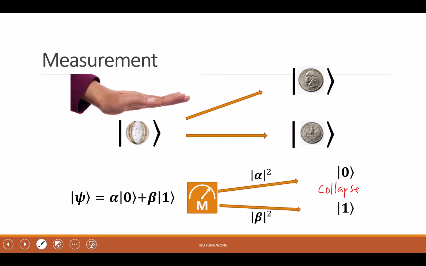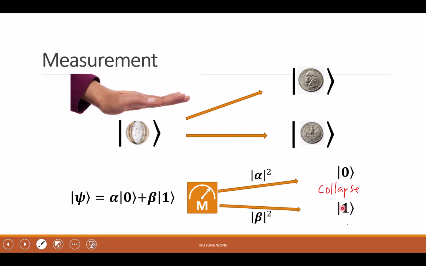But do I know what it will collapse to? I don't know. That's what Einstein said. I think you heard about that. He said God doesn't play dice. He didn't trust that quantum mechanics is complete. But anyway, that is what happens. The only thing that we know is that the probability that it becomes 0 is proportional to the magnitude squared of the coefficient in front of 0.